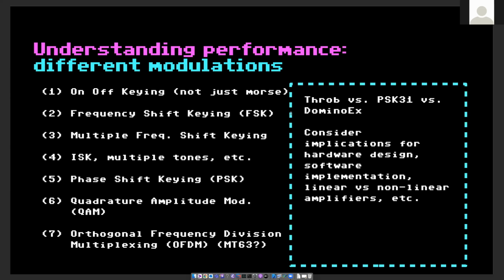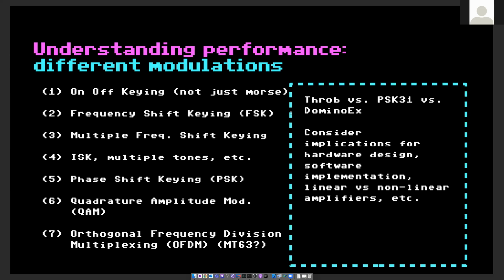But then also a good number of the modes use frequency shift keying, where we just change the frequency of the carrier. And here is lots and lots of variety. So you can choose how many frequencies you use, or even what the meaning of the frequency changes would be. I even mentioned on the fourth bullet there, incremental shift keying is fascinating because it's designed so that you change the frequency based on what the last one was.